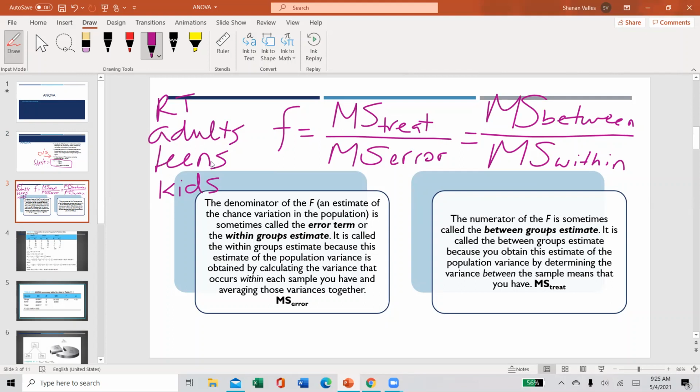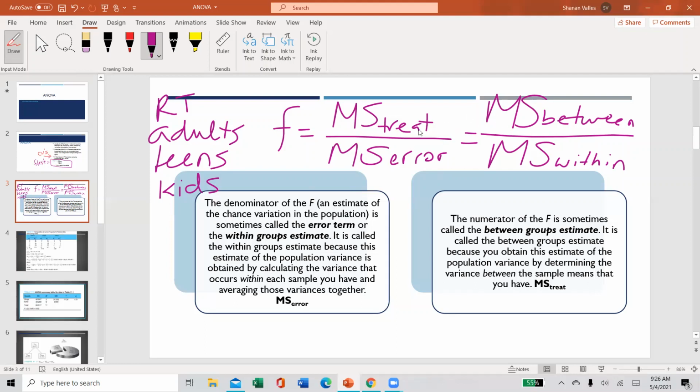Not all teens will have the same reaction times, and not all kids will have the same reaction times. So the MS error, or the MS within, looks at the variability within the group of adults, or it looks at the variation within the teenagers and within the kids. So it accounts for that error that not all kids are the same, not all teens are the same, not all adults are the same.